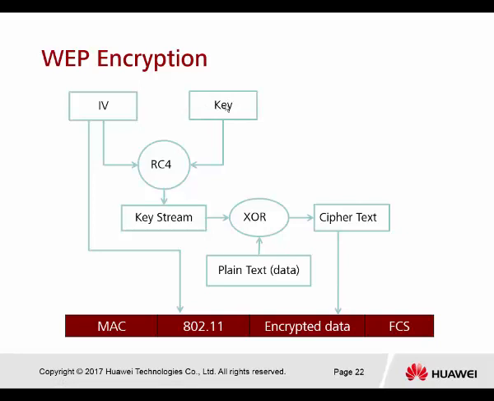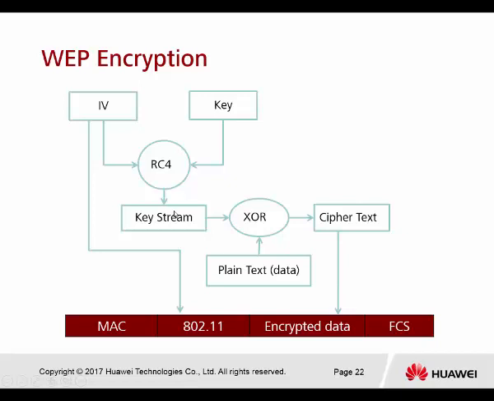This is our password, and this one is the IV. The IV has 24 bits, and we randomly generate the IV code. This IV code will be combined with our password using the RC4 algorithm. RC4 combines the IV and key to become one key stream.